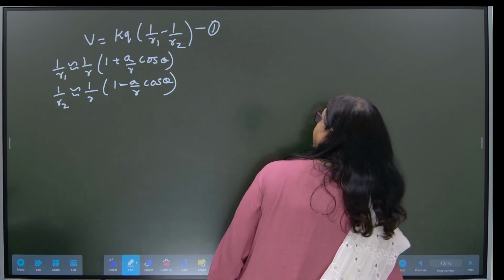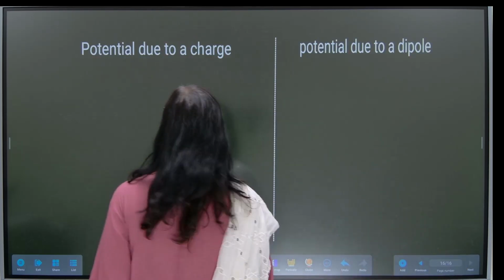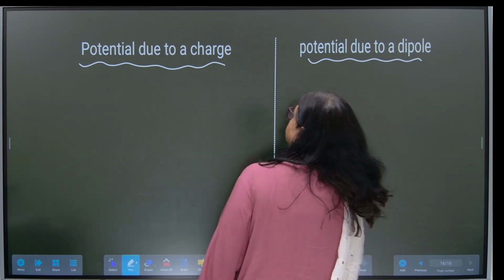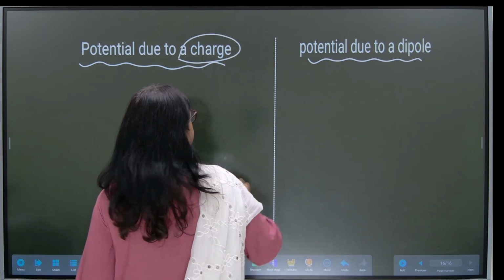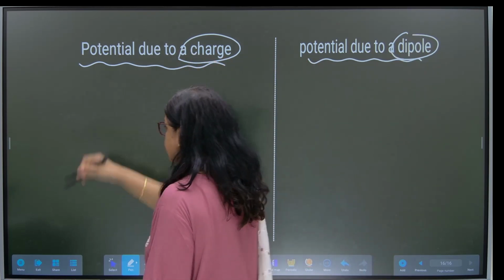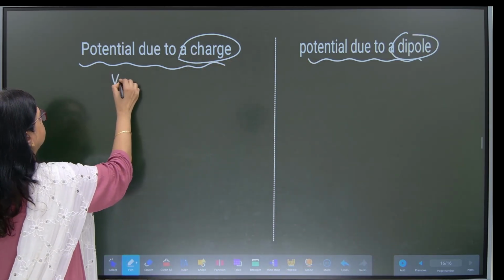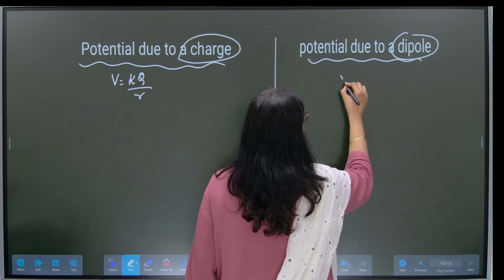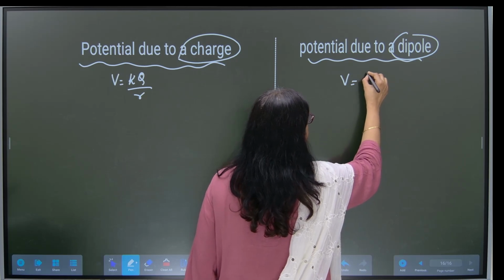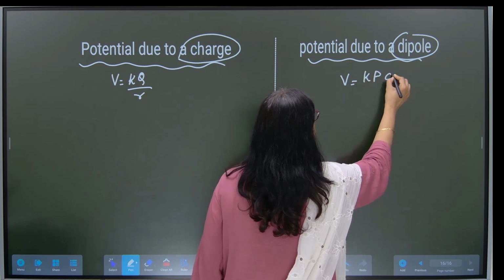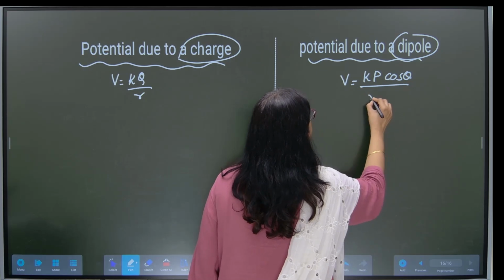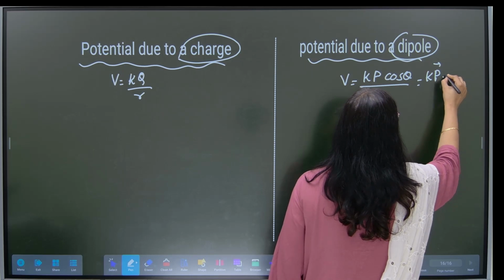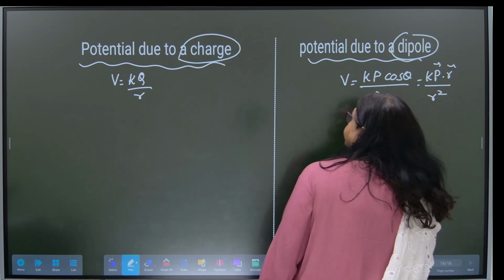Now, I go to the next page where we find out the difference between a point charge and a dipole's potentials. What is the formula here for a point charge? V is equal to KQ upon R. Here what did we get? V is equal to Kp cos theta upon R square, or we also wrote it as K P arrow dot R cap upon R square.